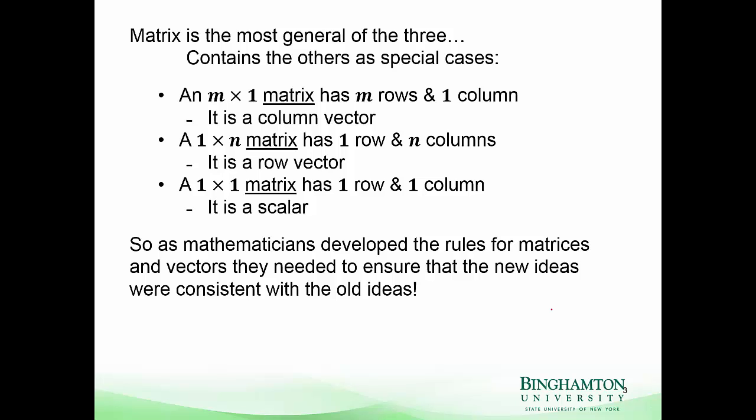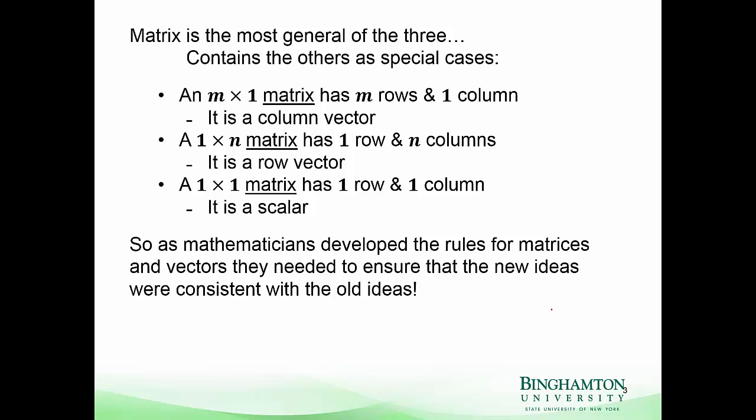But since this was a generalization of the idea of vector, which is a generalization of just a regular number, they needed to make sure that these rules, as they were developed, were consistent with the old ideas, so that when you collapse down to the scalar case, the rules still work.